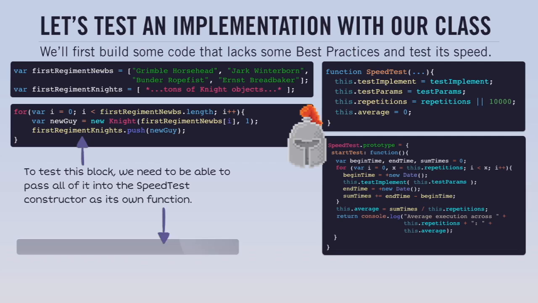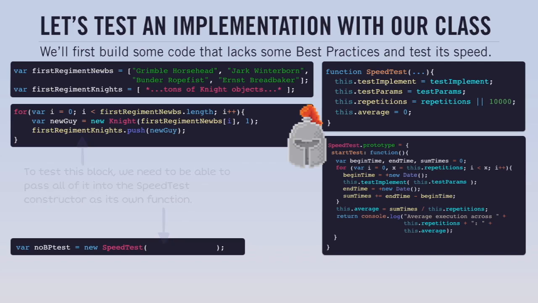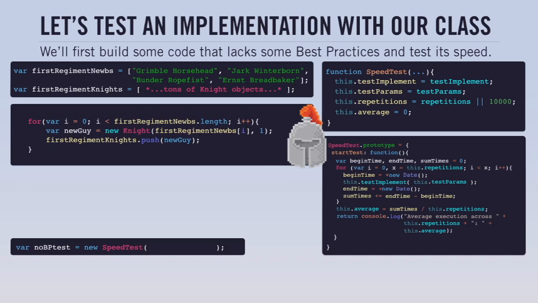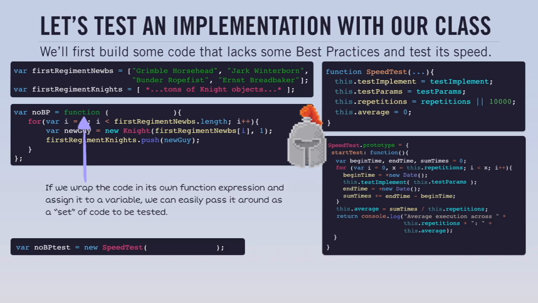We're going to create an entirely new speed test object from the constructor and make that a new object in no BP test. But we need our code to be its own function expression so that we can pass it in to the speed test constructor. So we'll scoot our for loop down here. We will make a new variable called no BP and wrap it in an anonymous function, its own little module here.